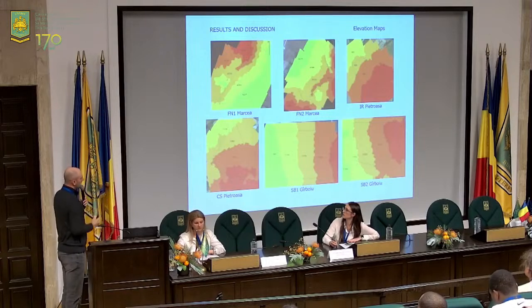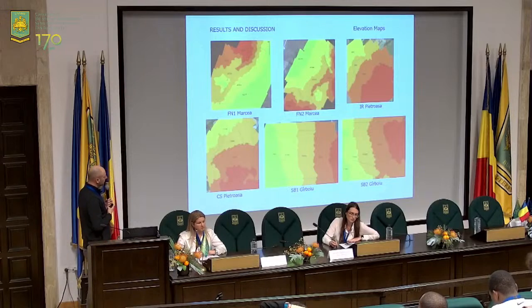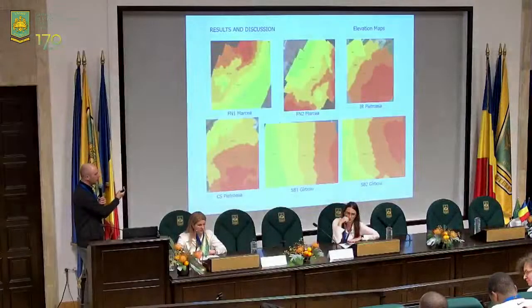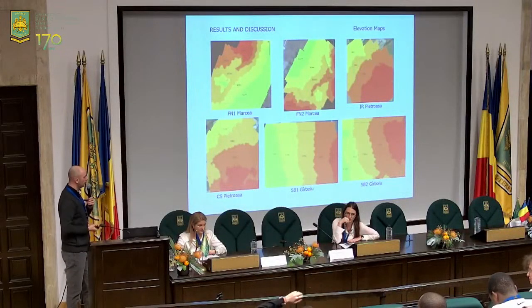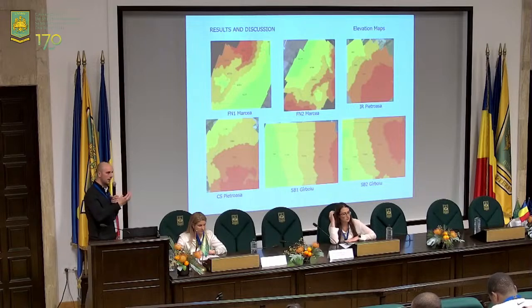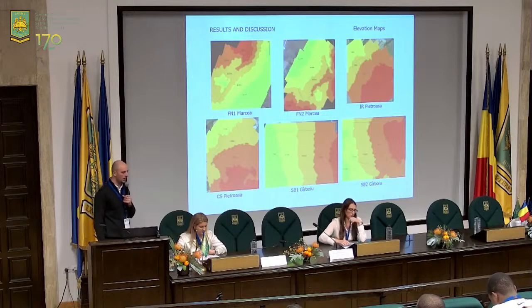From this we get information like exposition and slope, which is very important in wine grape growing, because of how the sun moves over the field and the grapes accumulate sugar.